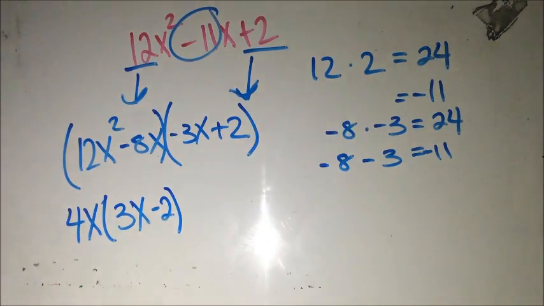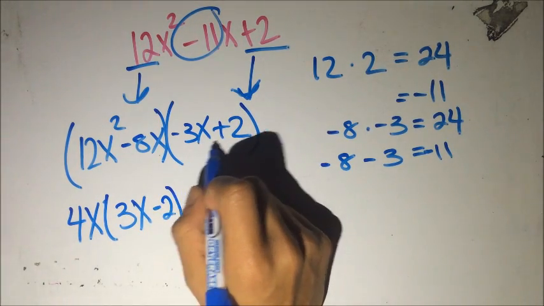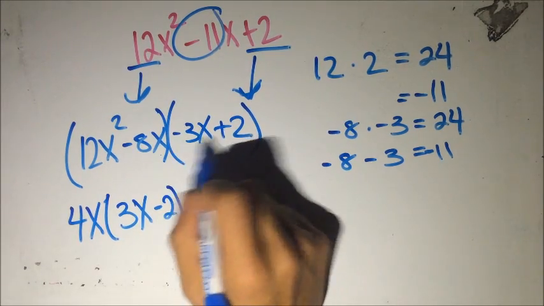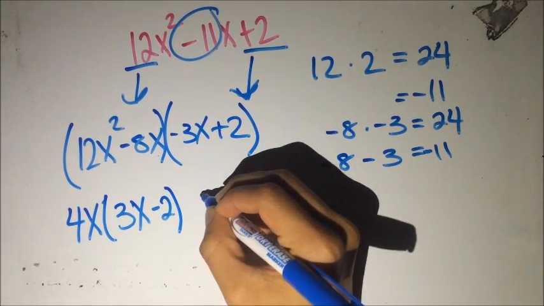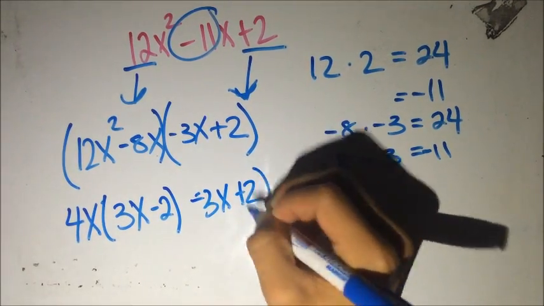Now we move on to the next one, which here we can't really simplify because there is no greatest common factor, so we just bring it down: negative 3x plus 2.